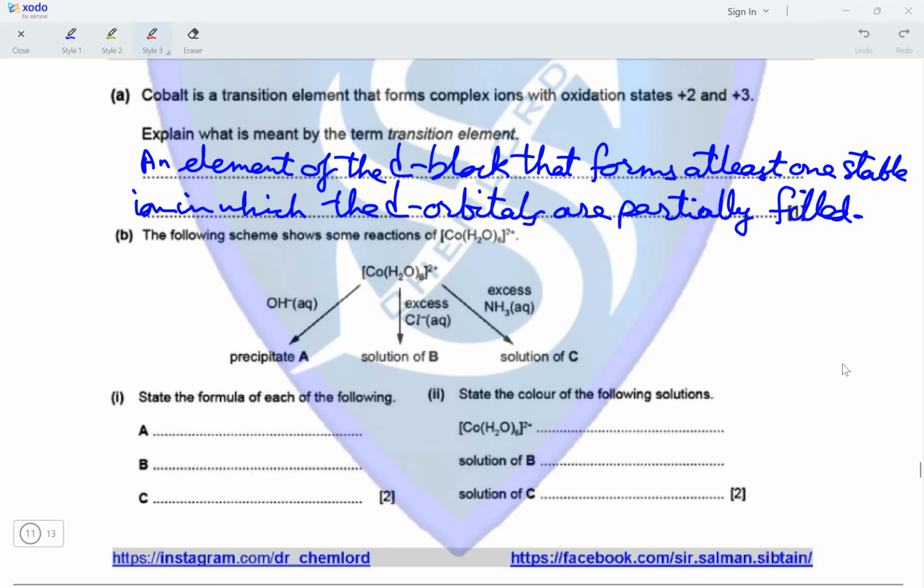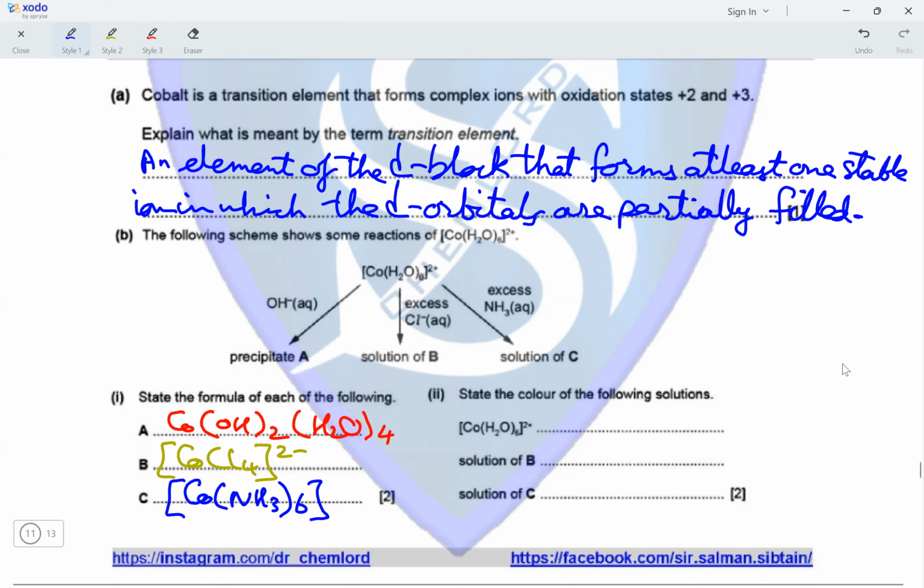A, the formula would be Co(OH)2(H2O)4. Then we would have B, which would be [CoCl4], and the charge would be 2-. And then we would have C, which would be [Co(NH3)6], charge 2+.